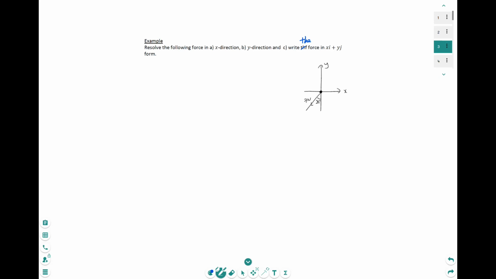So for part A, I can make a right angle triangle here with the x-axis. And there's 7 Newton. Now this angle here is 65 degrees, and that's my x value.